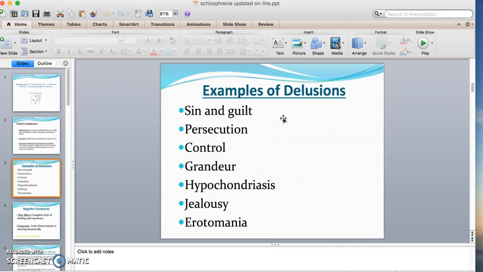It's very common that people will have beliefs that something that they did caused harm to somebody else. I'm trying to think of a specific patient example that I had. I had one client who believed that his family was suffering because he had a same-sex relationship that he was feeling very guilty about.